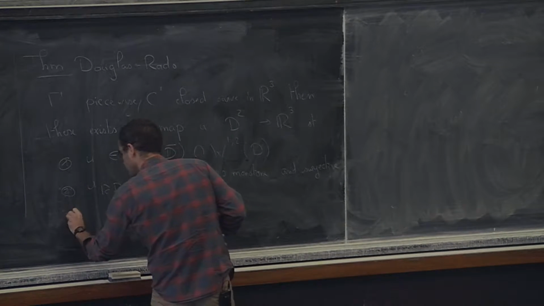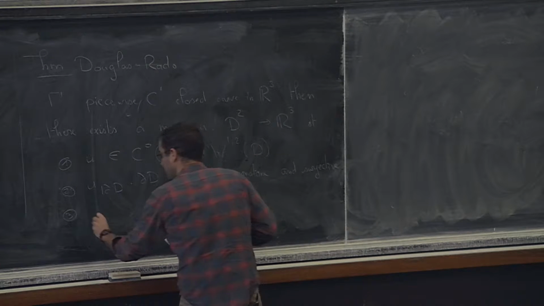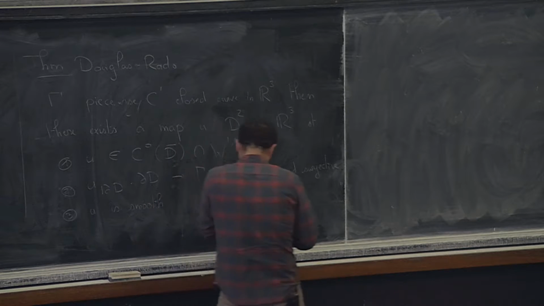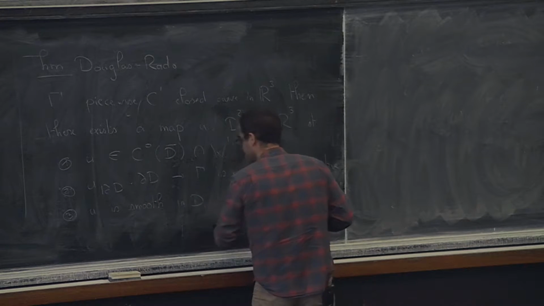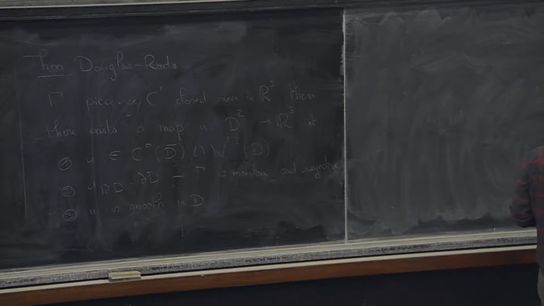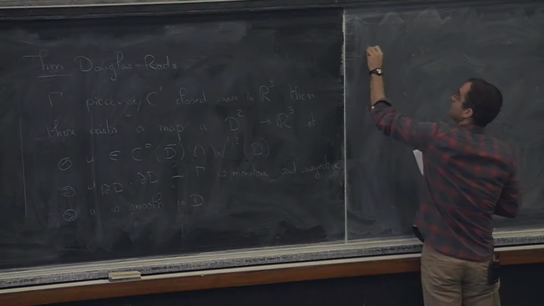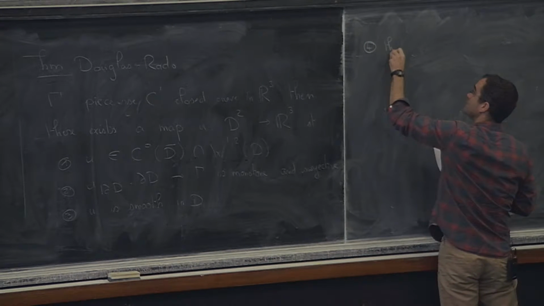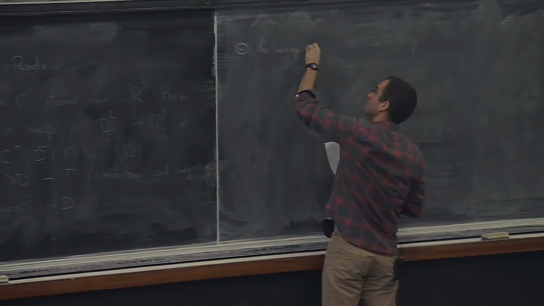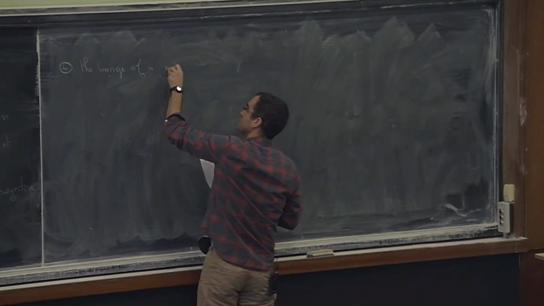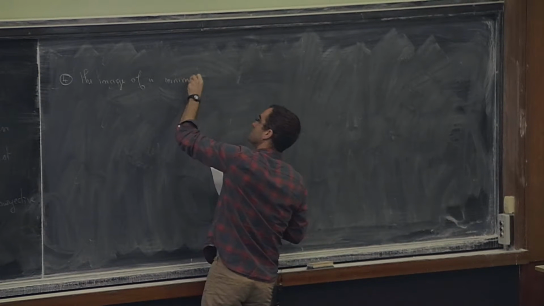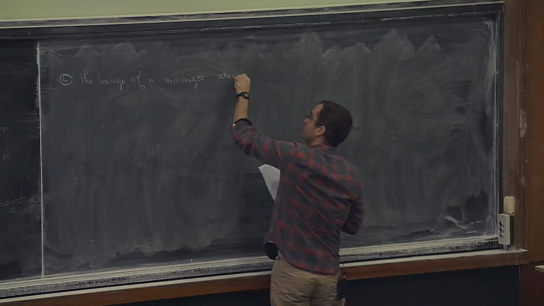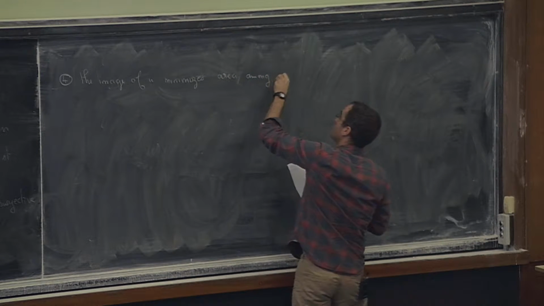The third property is that, in fact, U is smooth in D. And the last property, which is what you want, is that the image of U minimizes the area among all such maps.